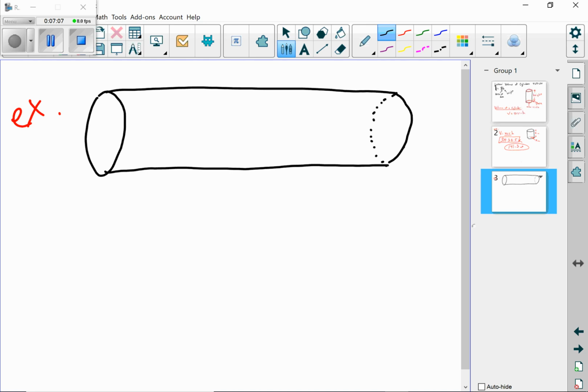So let's say that it's 2 foot long. So this is a piece of pipe the plumber uses, and let's say that it has a diameter all the way across of 0.75 feet.